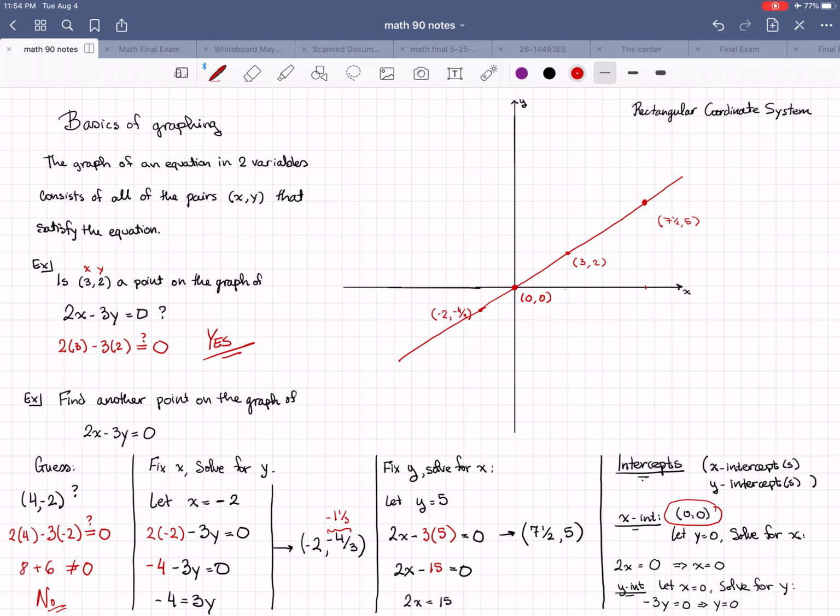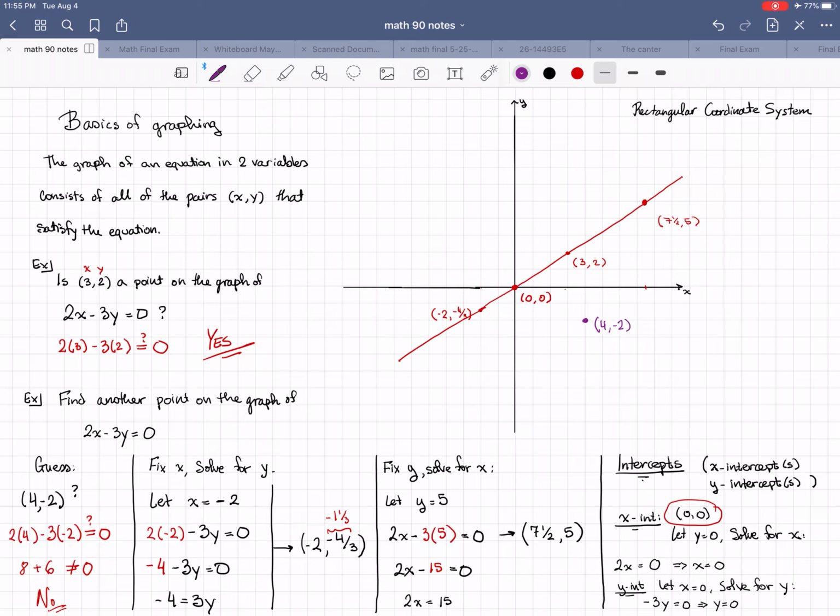So in particular, what we're seeing here is not only is this red line the line that holds all the points that are on this equation, but if I pick any point that's off of this line, like for example, 4, -2. So 4, -2 is a point that we determined did not satisfy this equation, and sure enough, it is not on this line.